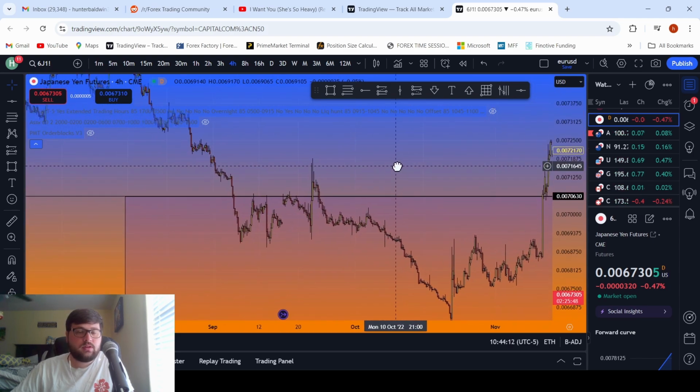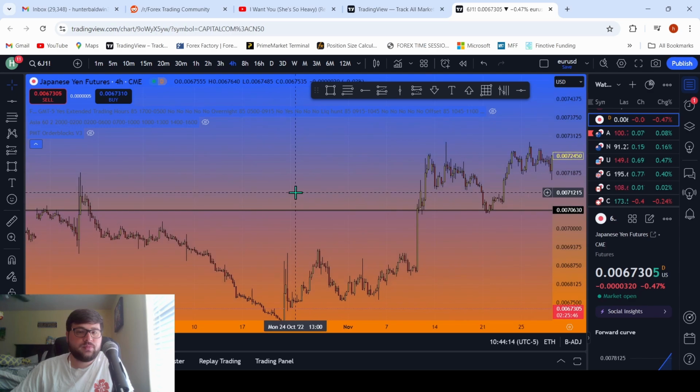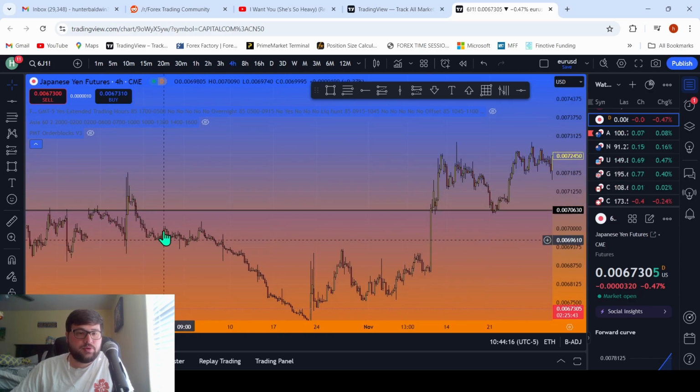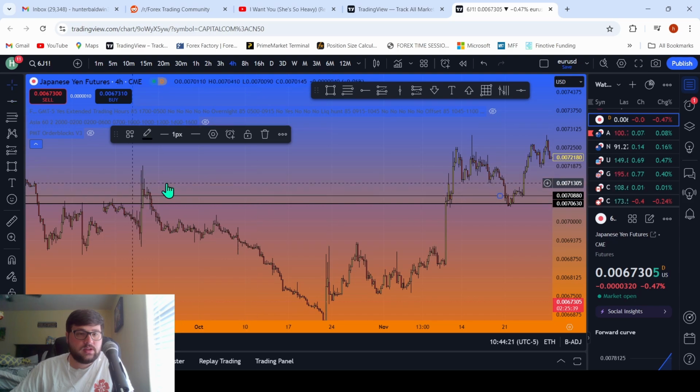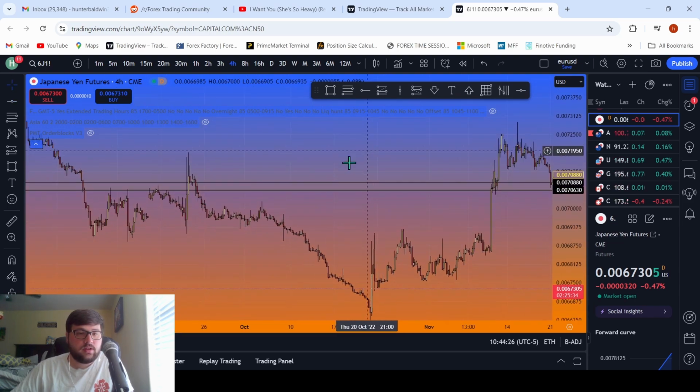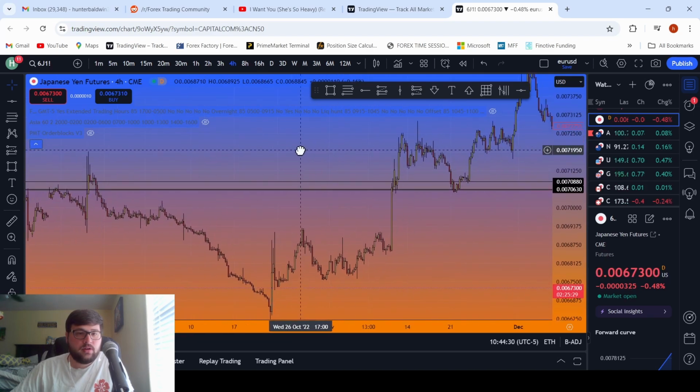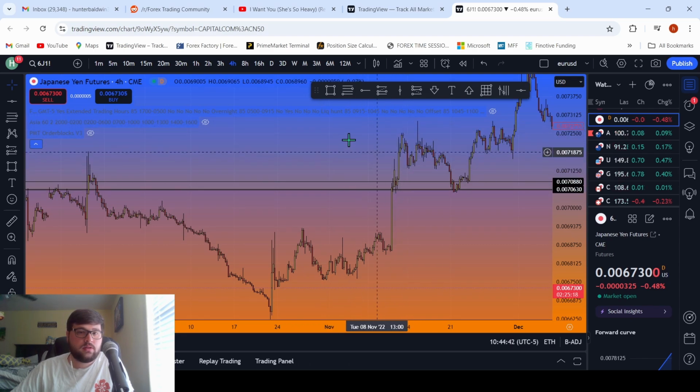I'm trying to think of an example. This isn't a big push down, but let's just say you were like, oh my god, here's a supply zone right here because this is where a big push down happened, right? From this area is where it went all the way down here. Now, once it comes up here, it's supply, right? Let me sell. If you sold right here, it would go down a minimal amount, and then you would get taken out, and you would lose money, and then you would hate yourself.